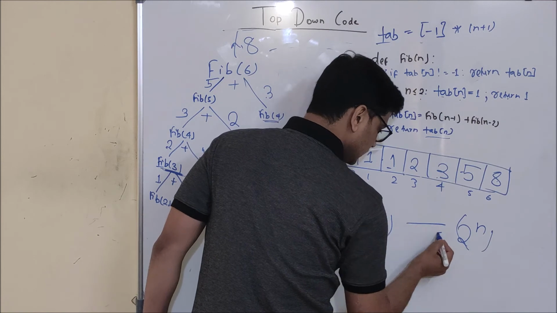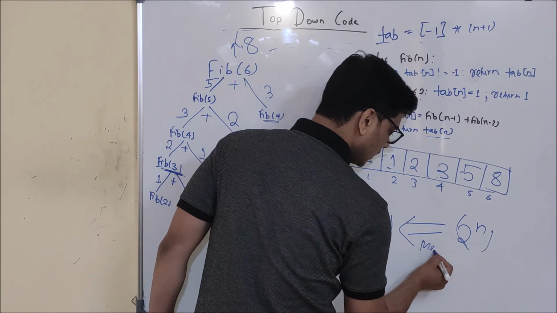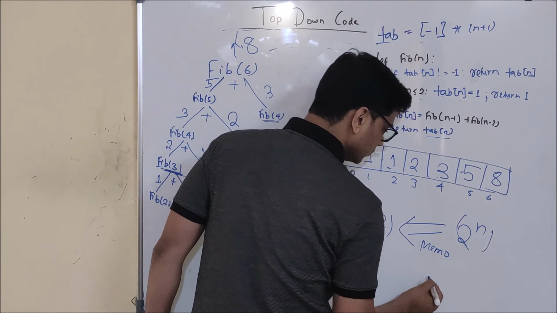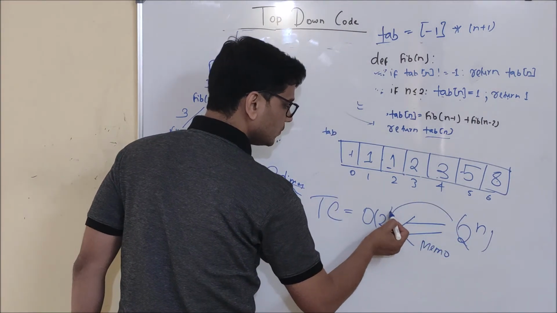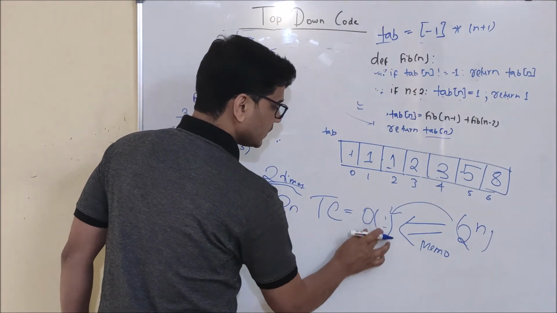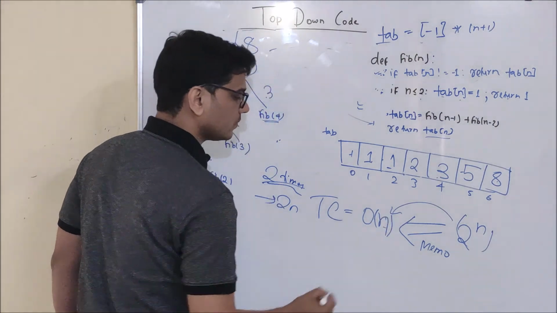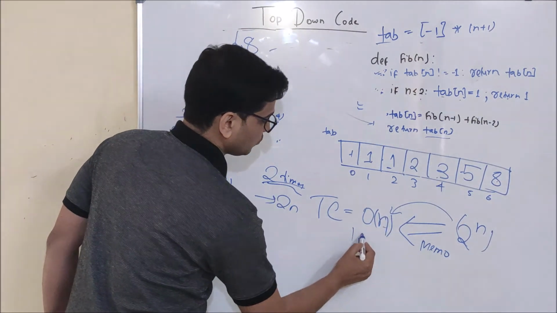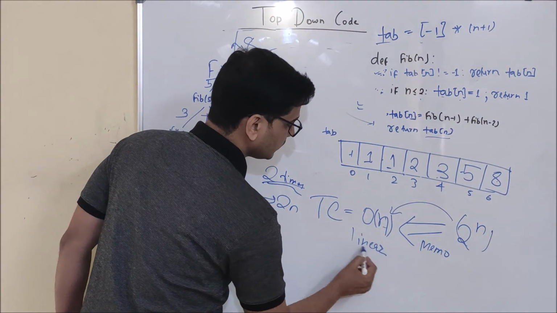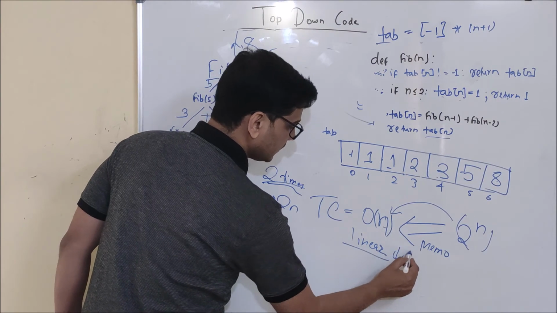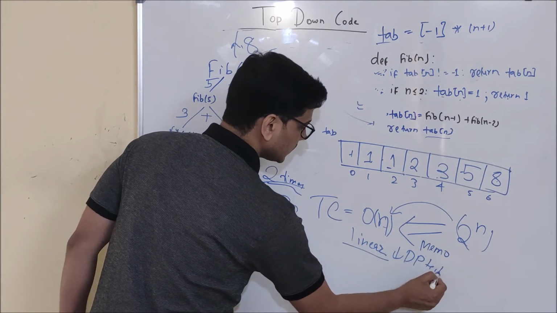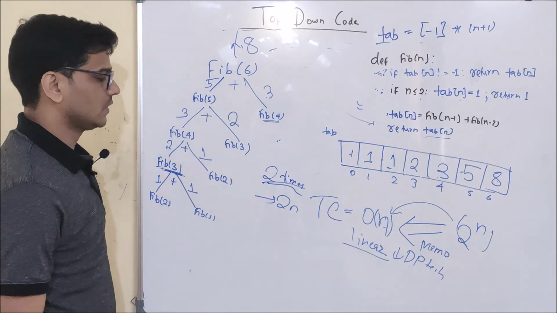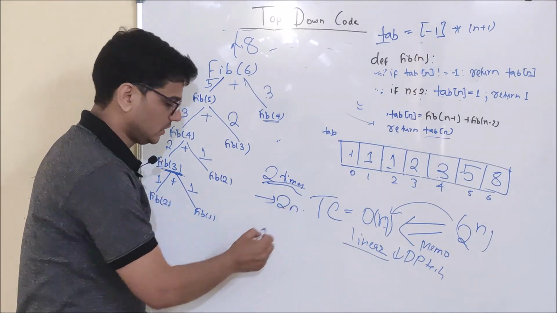So you can see, using the memo table, we have reduced an exponential program to a linear program. Okay? Exponential to linear using a memo table, that is the DP technique, dynamic programming technique. So this is the time complexity.